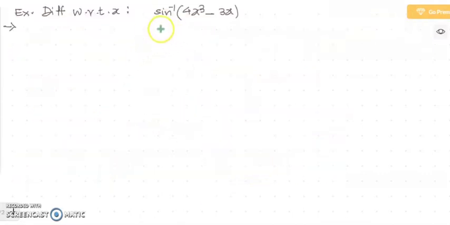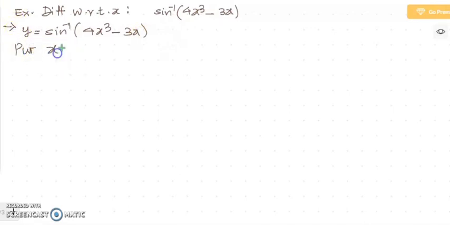Now see this new example. Sine inverse of 4x cube minus 3x is what you have to differentiate with respect to x. So we shall write, let y be equal to sine inverse of 4x cube minus 3x. Here we shall put x equal to, now you have to remember the formula.